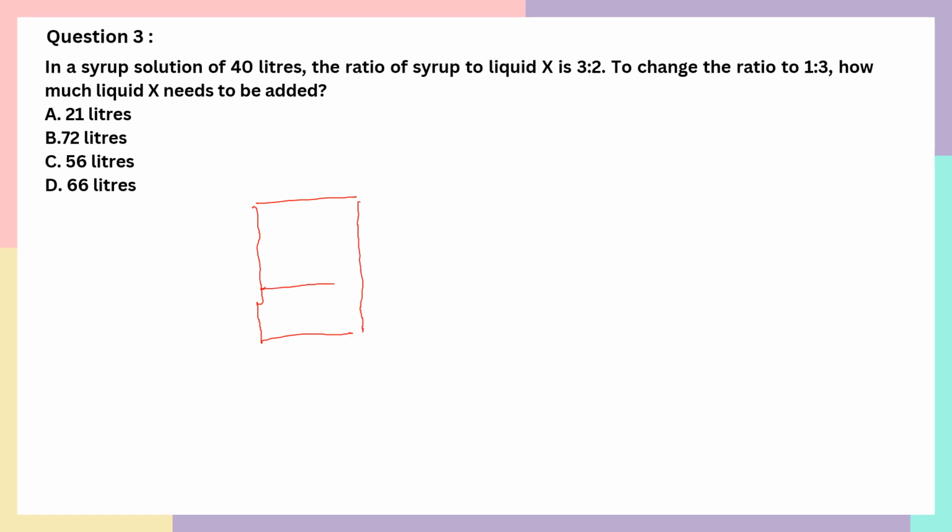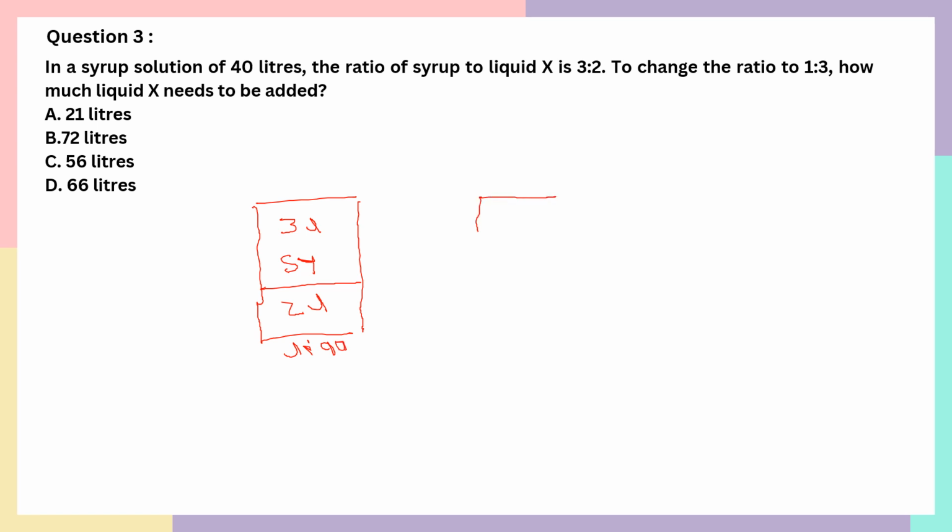So out of 5 liters, 3 liters will be syrup and 2 liters is liquid, and we have to convert it to 1:3.